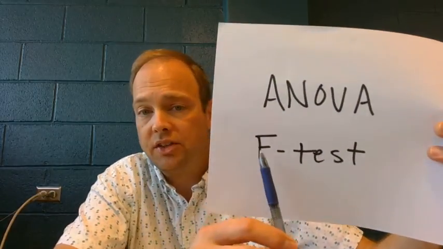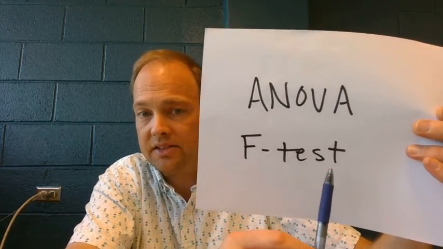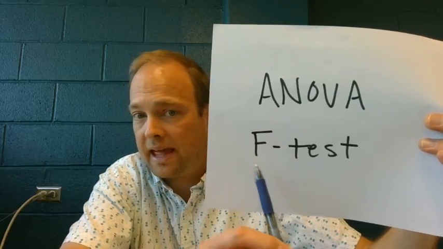So perhaps unsurprisingly, that is what is being analyzed via an ANOVA. You're analyzing variance. Analysis of variance is also referred to as an F-test.